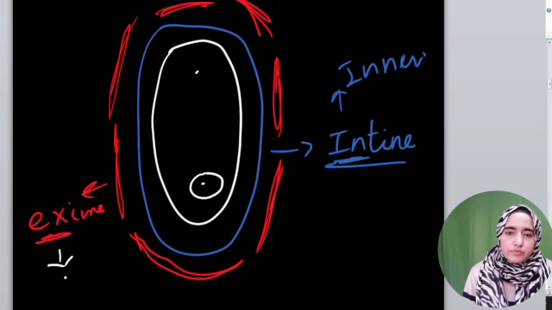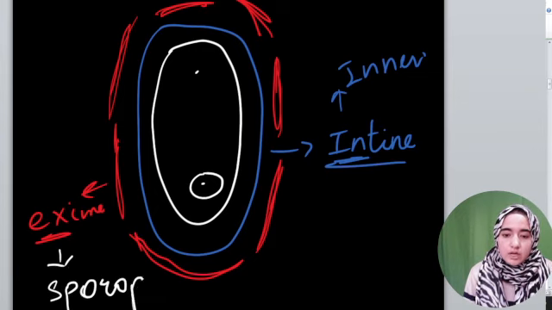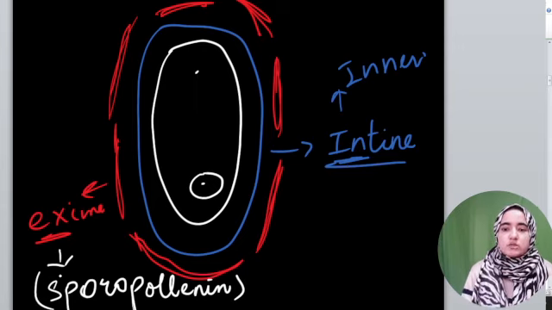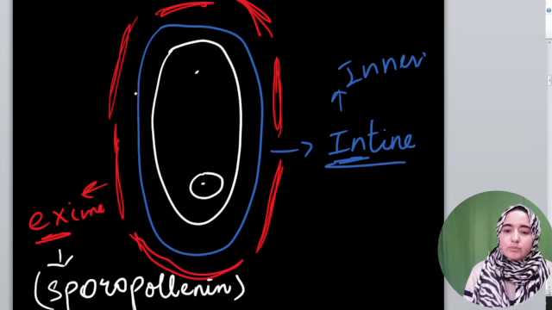Exine is made up of a very resistant material known as sporopollenin. It's resistant to acid, it's resistant to alkali, it's resistant to, in fact, enzymes. If you find fossils of pollen grains, you will see nothing happened to that pollen. Why?